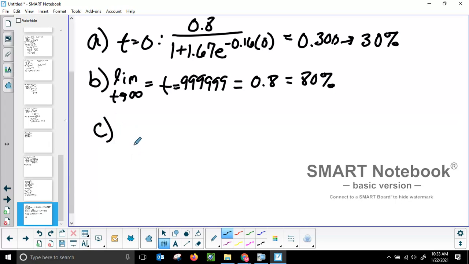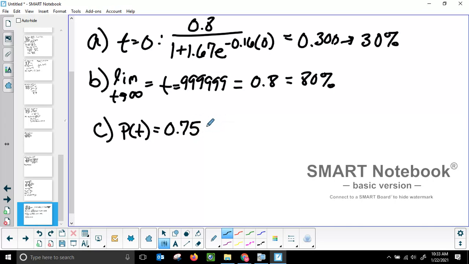All right, C. When will 75% of new computers sold utilize Windows 2000? All right, well, we know that now P of t has to equal 75%, which is 0.75.